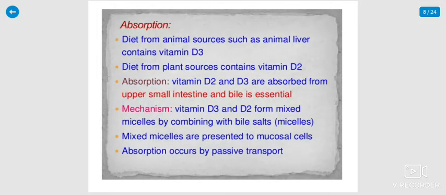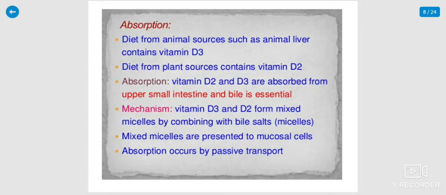Vitamin D3 is obtained directly from animal sources, such as animal liver, which contains vitamin D3. Diet from plant sources contains vitamin D2. Vitamin D3 and D2 are absorbed from the upper small intestine, and bile is essential.